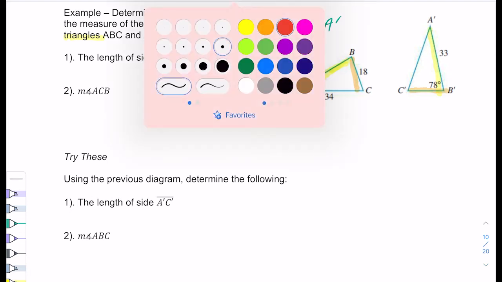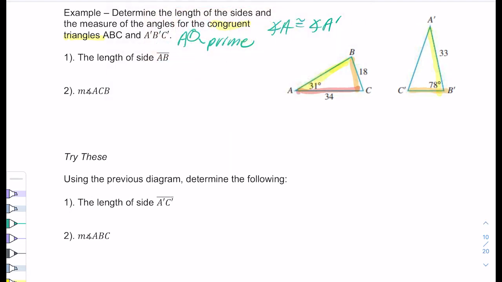And then I've got side AC, which is equal to A prime, C prime. So if I want to find the length of side AB, it's going to be congruent to side A prime, B prime. So A prime, B prime is 33 units long. So that means that AB is also 33 units long.